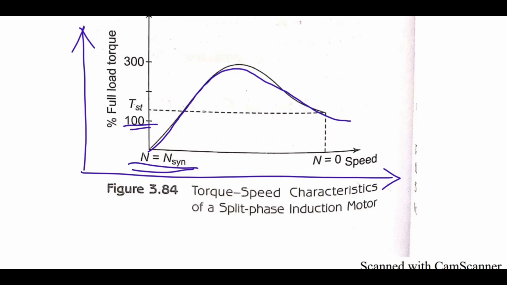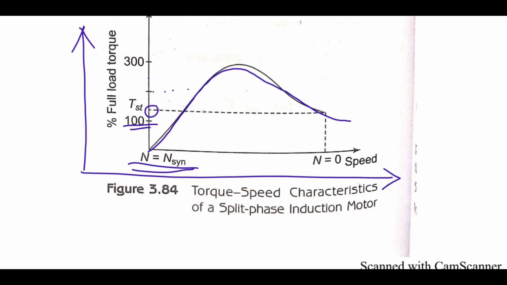The starting torque of a split phase induction motor is 125% to 150% of full load torque. Changing the terminals of either the starting or the main winding reverses the direction of motor rotation.